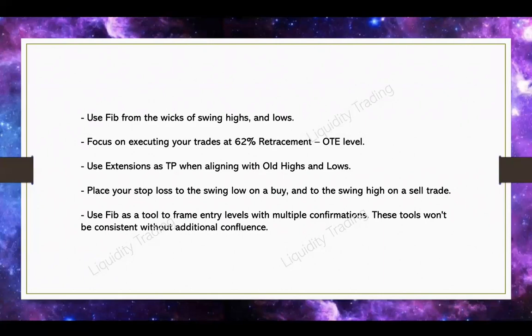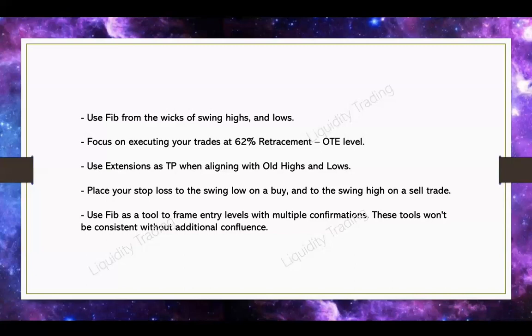Many times in the market, it's better to just know where the market is trying to move instead of trying to be the most accurate you can be. So therefore, again, only focus on the 62% level, nothing else.